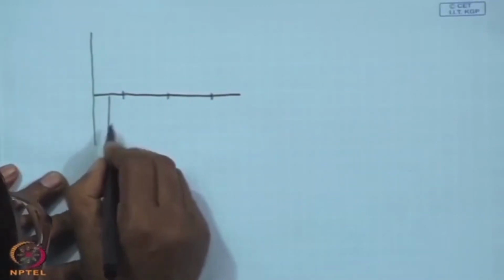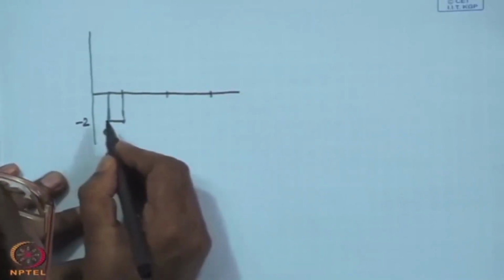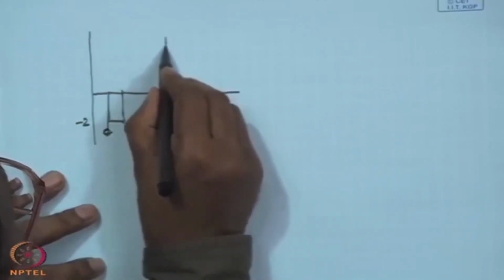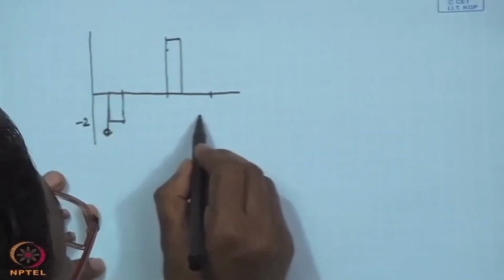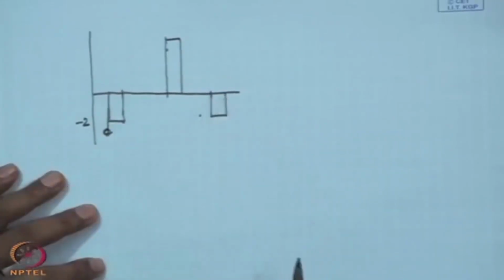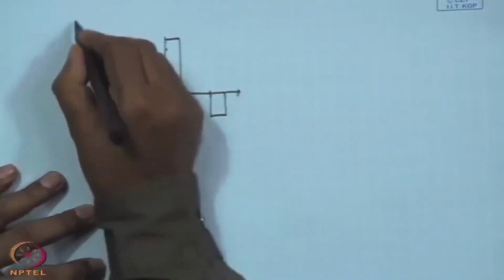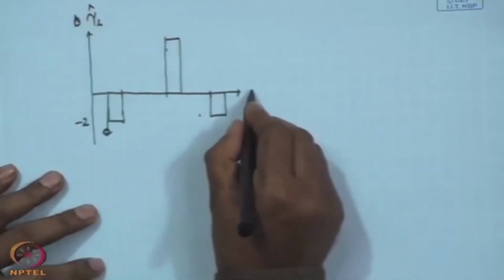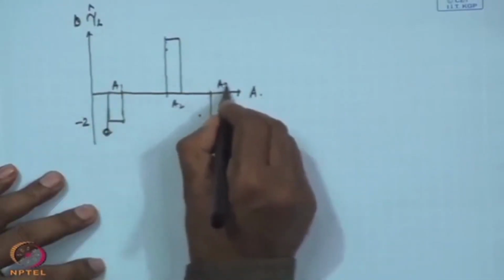So, suppose if I go like this, this is minus 2, and A2 is 3.66, somewhere here, and minus 1.67, this will be somewhere here. Similarly, these are the tau L estimates, and this is A, for A1, A2, A3.